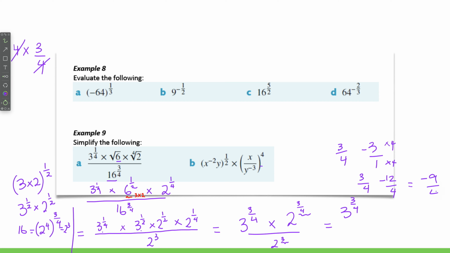So what I now am going to have, so I've got 3 to the power of 3/4. This will cancel out, and that will give me a negative 9 on 4.